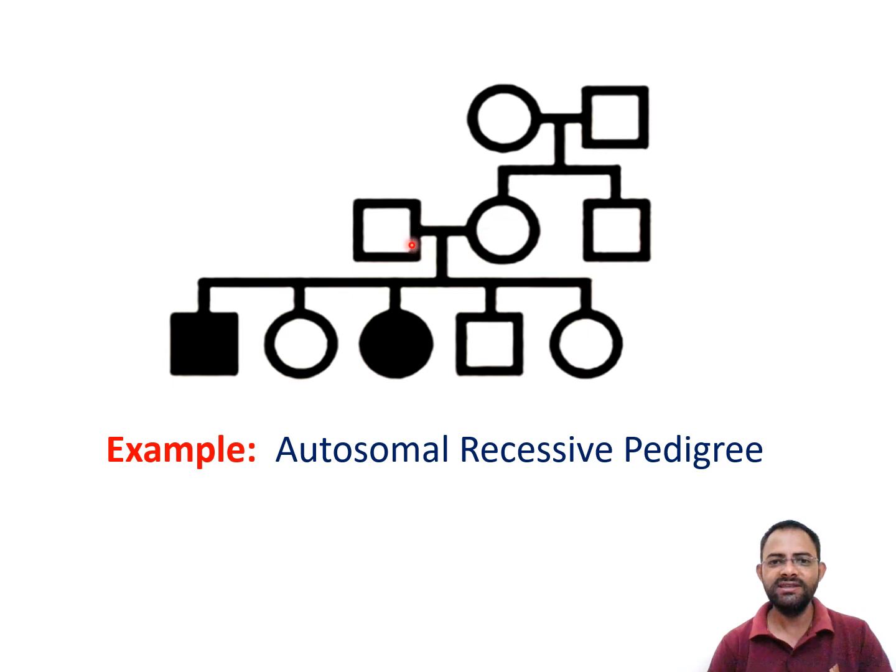Here we can easily see these both children are unaffected, but they have affected offspring. And in this pedigree, the traits are coming in equal proportion in male as well as in female siblings, which confirms the autosomal recessive pedigree again.